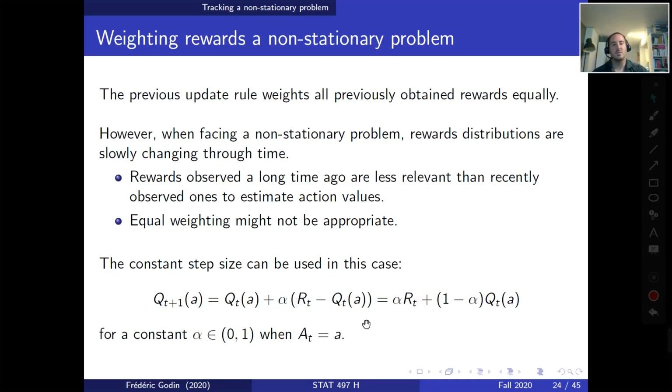In this case, we're going to see this gives more weight to more recent rewards, and that might be better suited for non-stationary problems. So here we propose to use a constant step size, and this entails weighing more recent rewards more highly. This is what we're going to show in the subsequent slides.